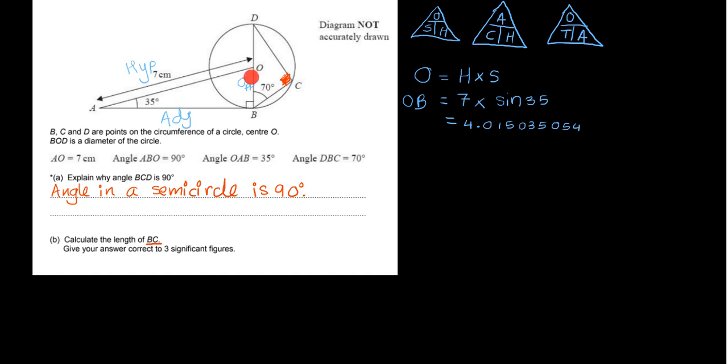Now OB is a radius, so BD is equal to 2OB because it's a diameter. So I'll just work that out. Now the question is not asking me to give any reason, so at this moment in time I don't need to sit there writing that down. But if it did ask me to give any reasons, I would be writing the reasons down.